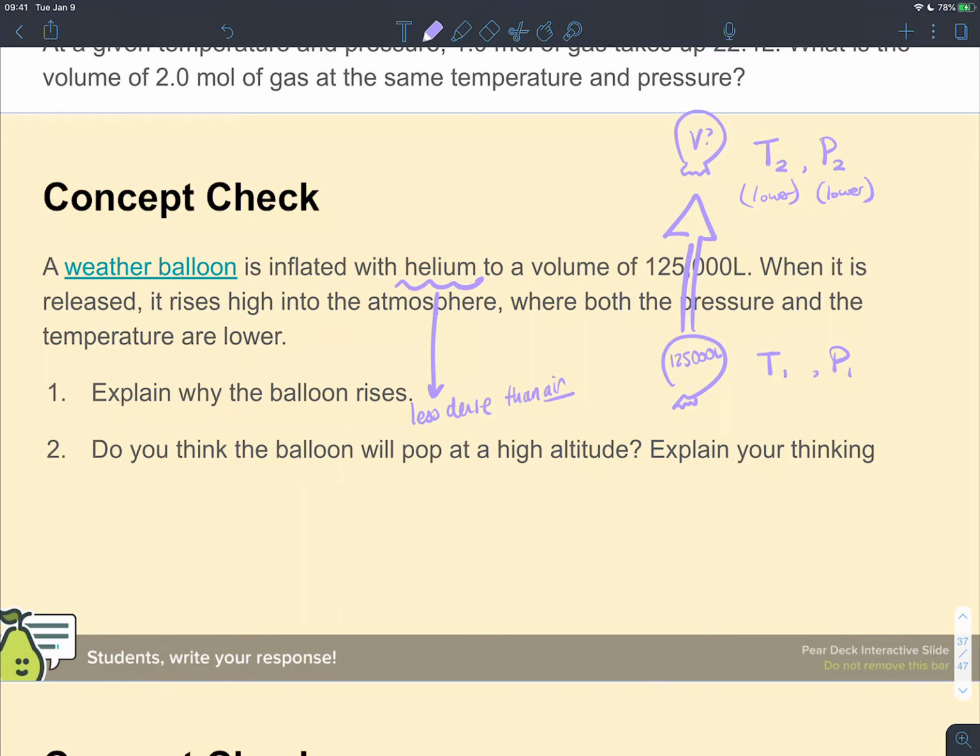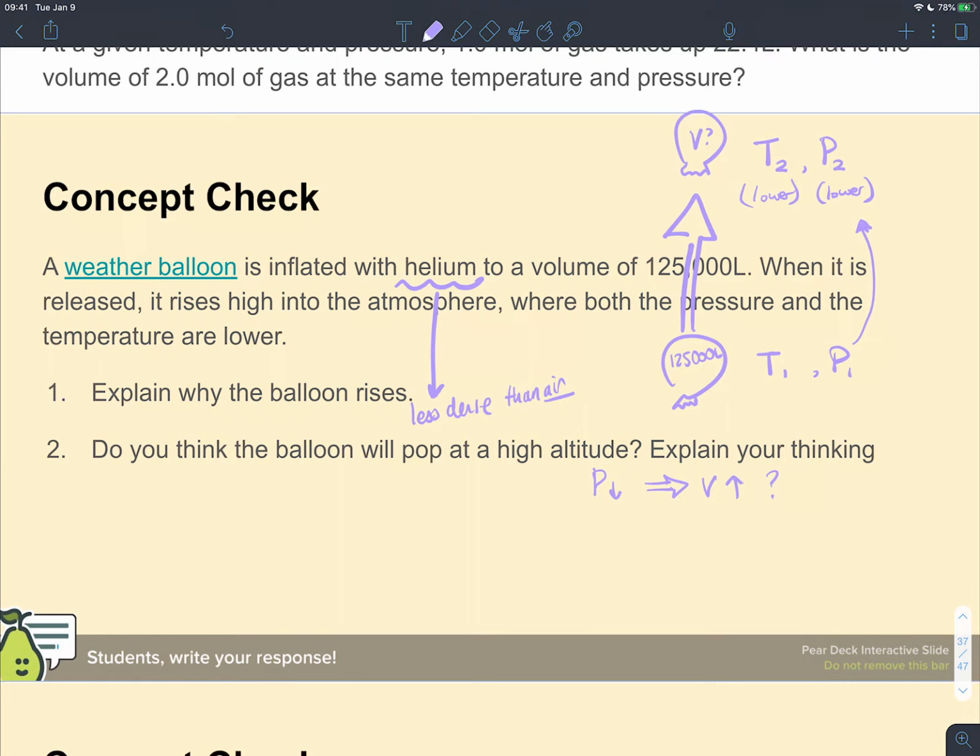But will it pop? So first I might think, well, if pressure's going down, when pressure goes down, if I depressurize something, it might expand. So maybe P down means that volume goes up, and if volume got too big, then the balloon couldn't hold it, the balloon would pop.